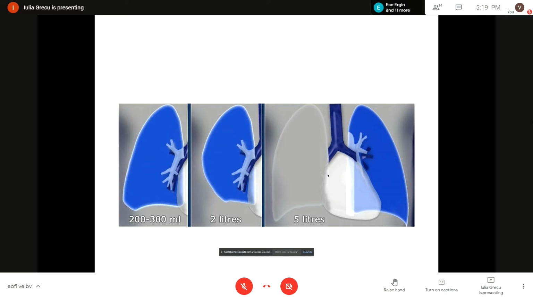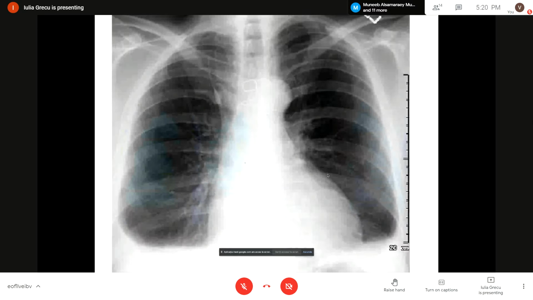They blunt the structures that come in contact with the opacity, like the diaphragms, the borders of the heart, and so on. And their intensity is the highest in the most dependent areas. There will be the most fluid in the more declive and dependent areas.